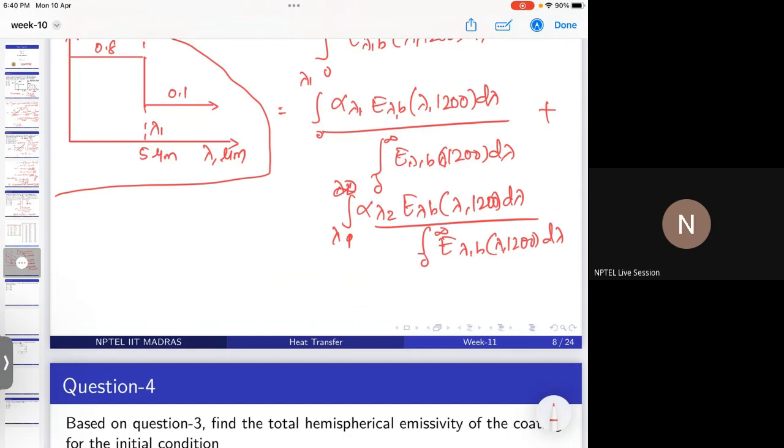Why? Because over 0 to lambda 1 this absorptivity is the same, and it is the same for lambda 1 to infinity.